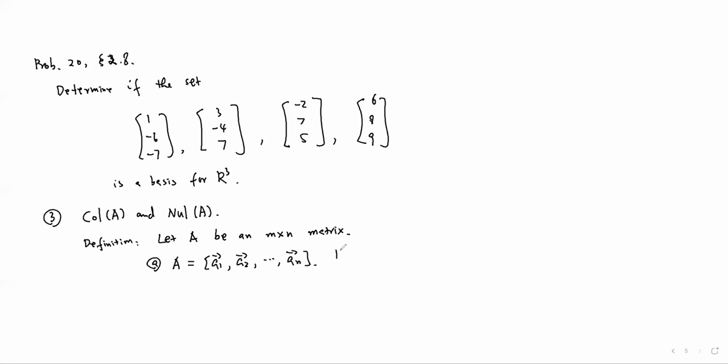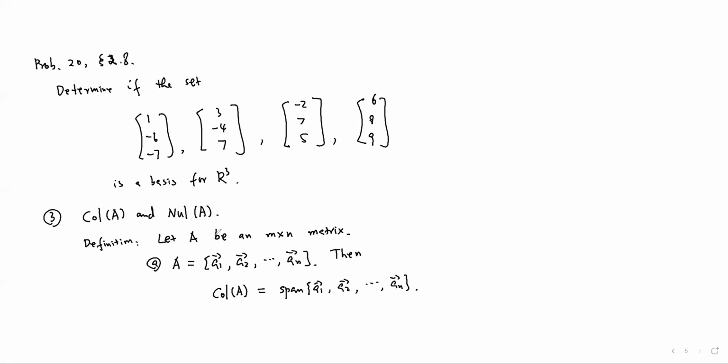Then the column space of the matrix is, by definition, the set spanned by the columns. This is the definition of column space.